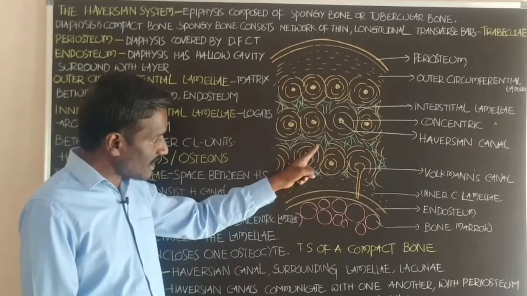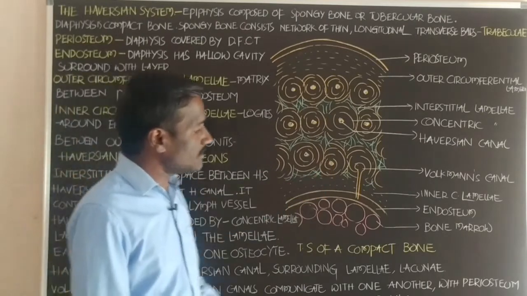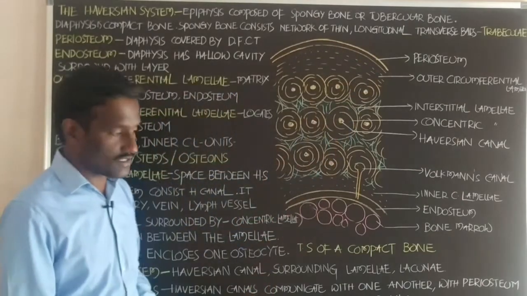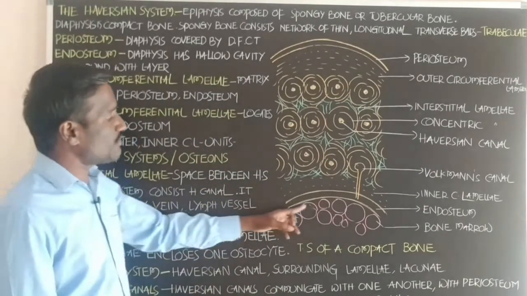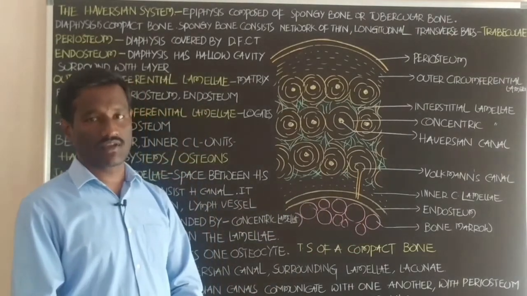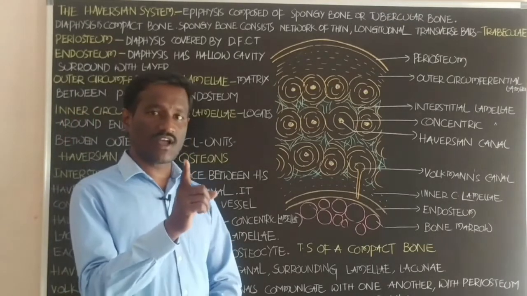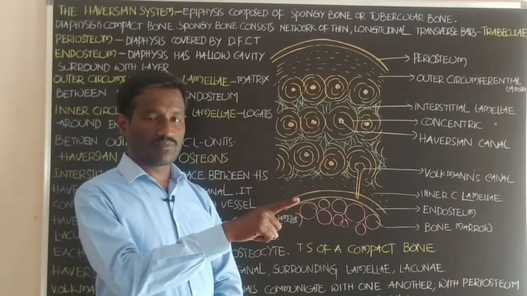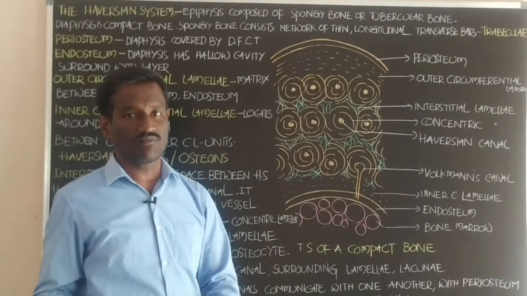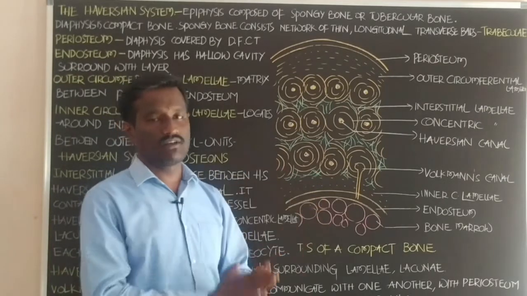One Haversian canal connects with another, and also with the periosteum and the bone marrow cavity, by means of transverse and oblique canals.